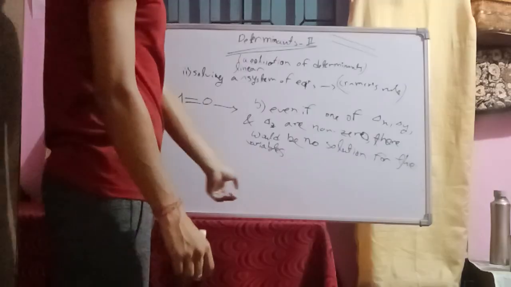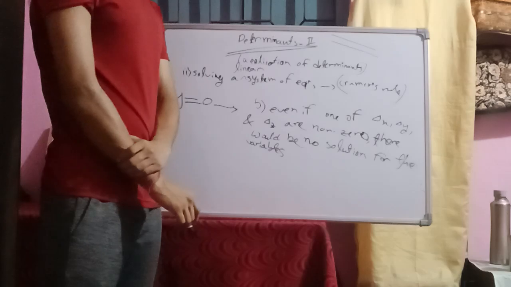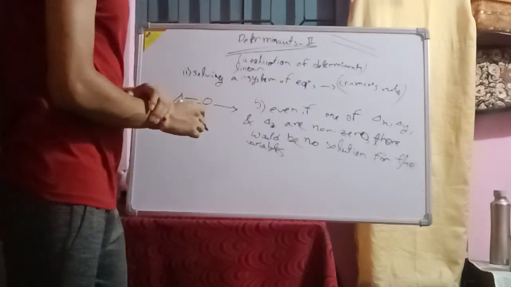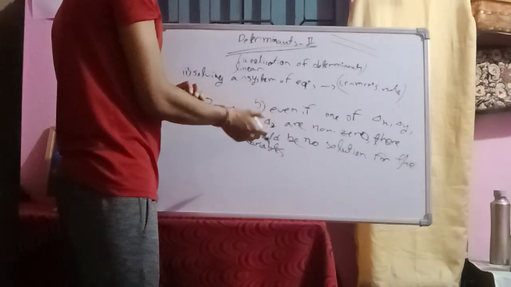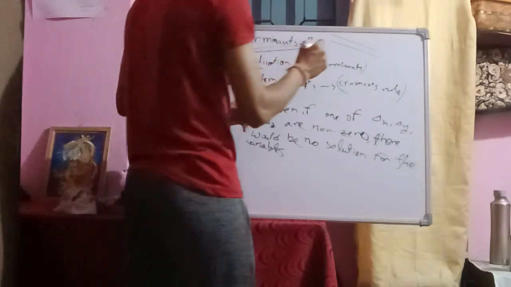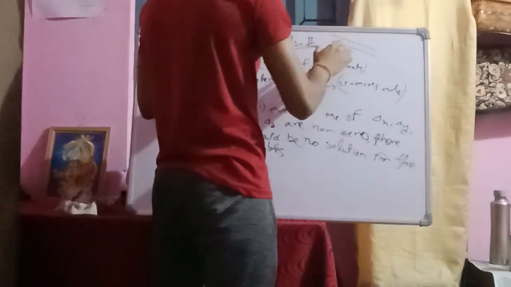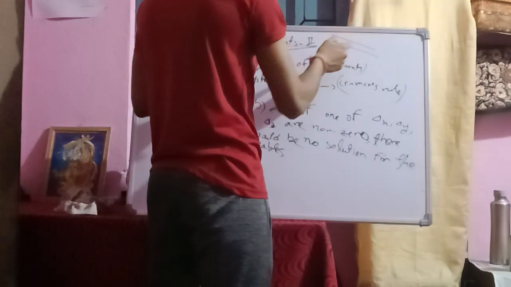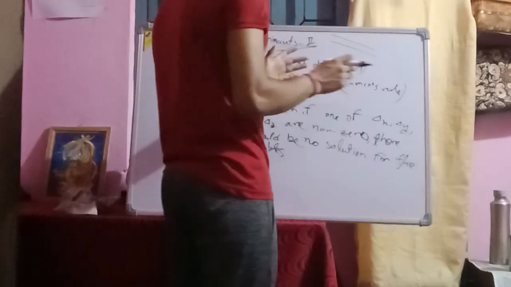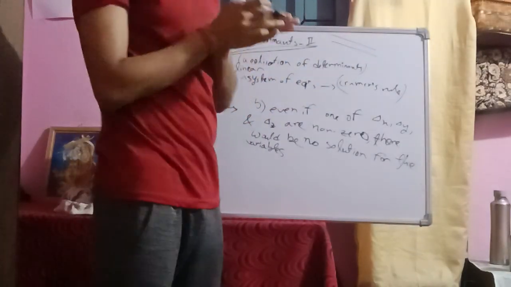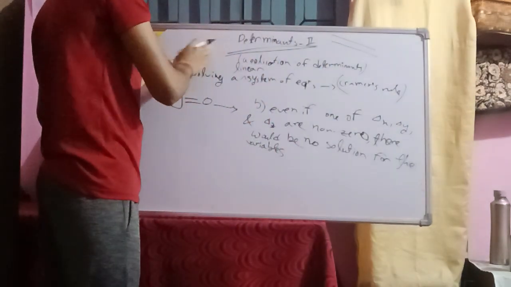So it says that even if one of these three determinants, delta x, delta y, and delta z, is non-zero, then there would be no solution for the variables. Which means the straight lines created by these two equations would never intersect each other. And the only way that would be possible is if these two are parallel with each other. Okay?